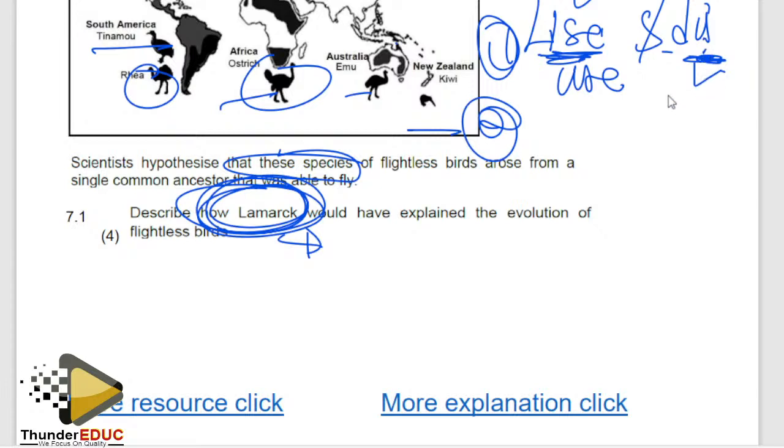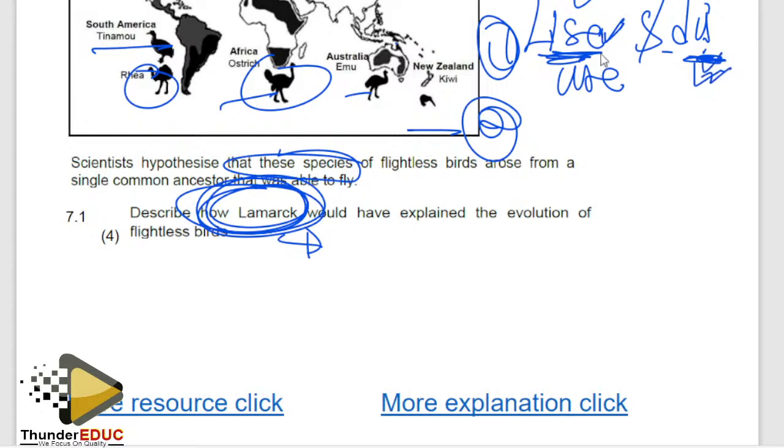What if they ask you a question about how the elephant came up with the long trunk? At first, all elephants had short trunks. The elephants started to use the trunks to get water, and defend themselves frequently. So you see now, in this case, they are using it. They are not disusing it.